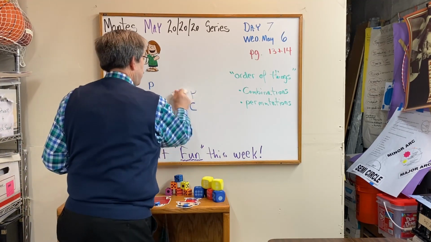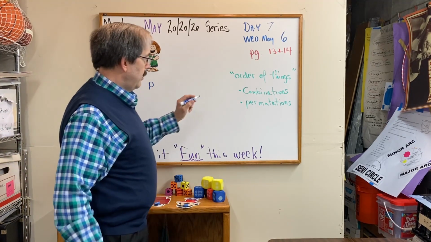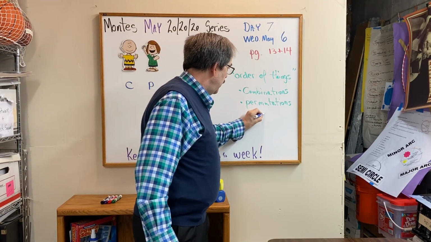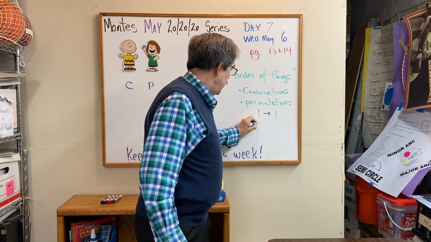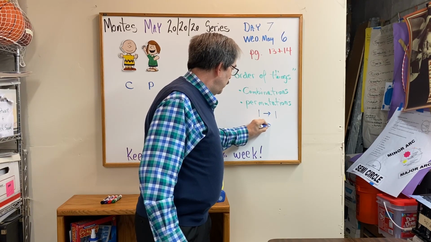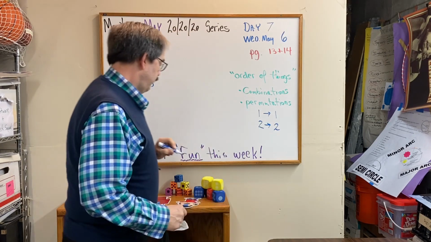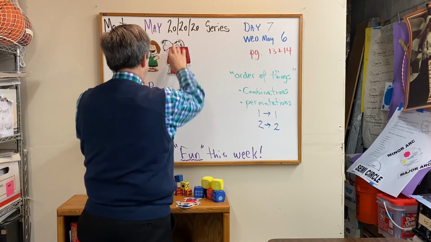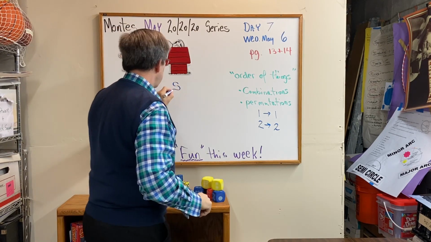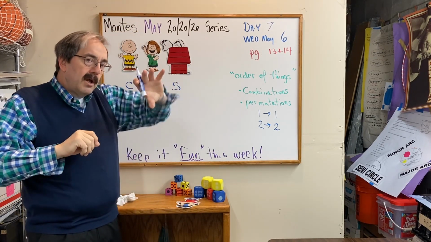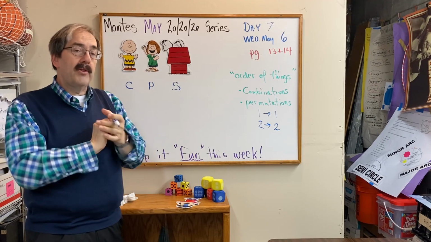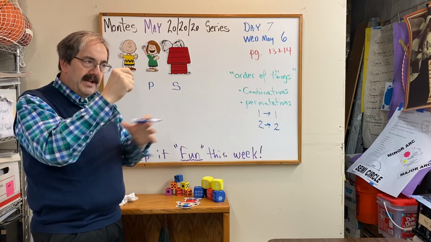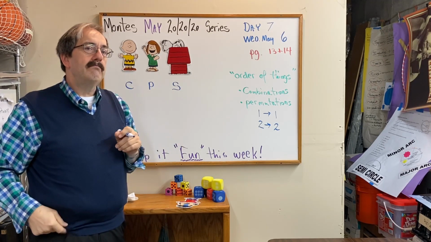All right? So, let's start to make a chart. Don't have to write this down yet. 1, 1. 2, 2. Now, let's add Snoopy. How many possible combinations are there? If I have 3 items, how many different ways are there to arrange it?